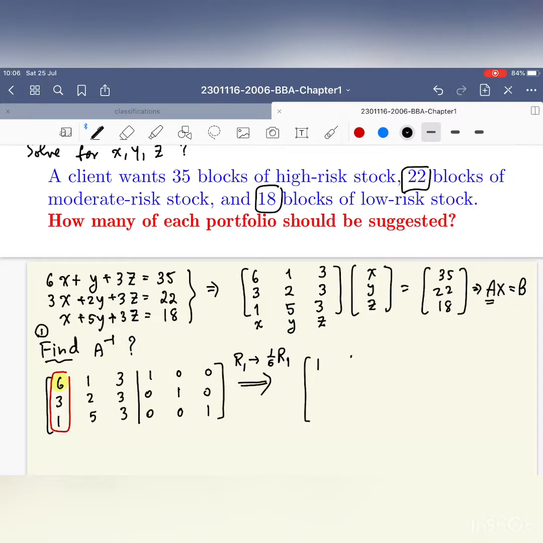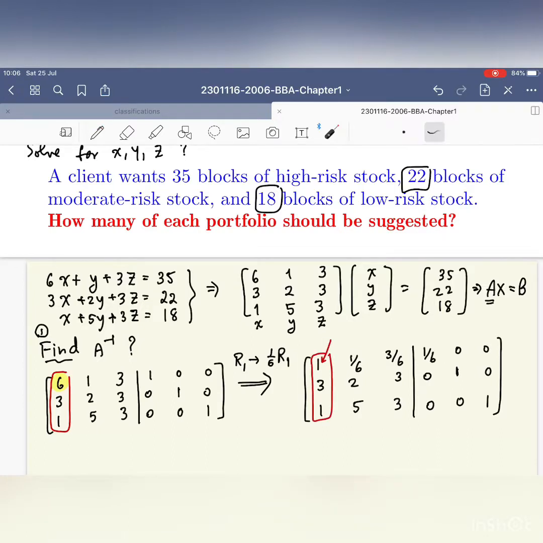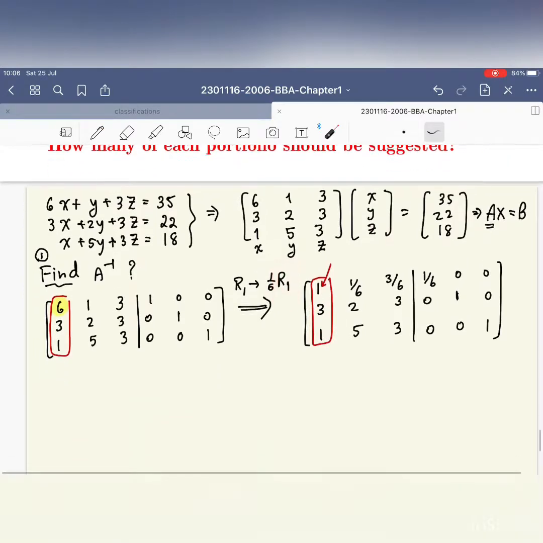So here is 1 over 6, let's just write down 3 over 6, 1 over 6, 0, 0, and then the rest are the same. After you have changed your first position into 1, you are going to get rid of the rest by using your R1.